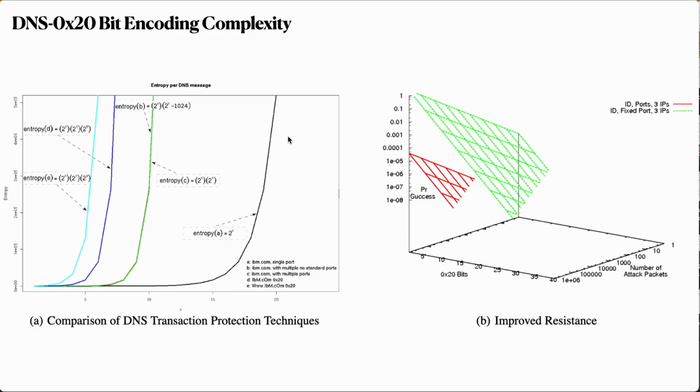Line A represents when the DNS initiator merely uses the ID field and a single source port. Lines B and C are when using port randomization. And E and D are using the encoding mechanism. The right plot shows the resulting probability improvement for the DNS server using only the randomized ID field and the single port. The y-axis represents the average number of 0x20 characters handled by the server.